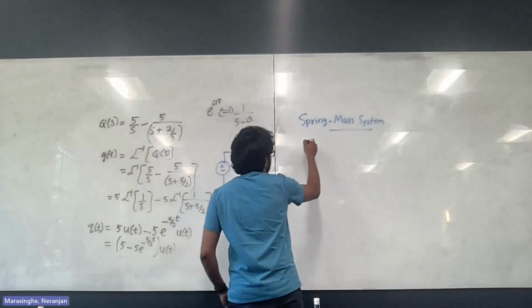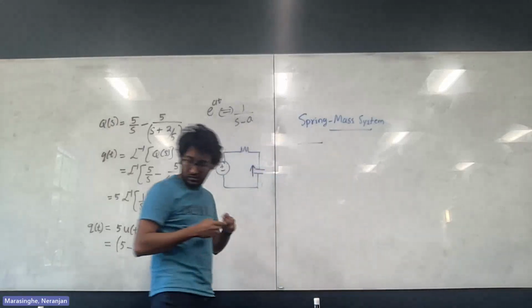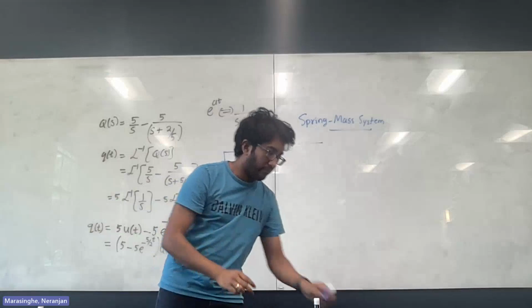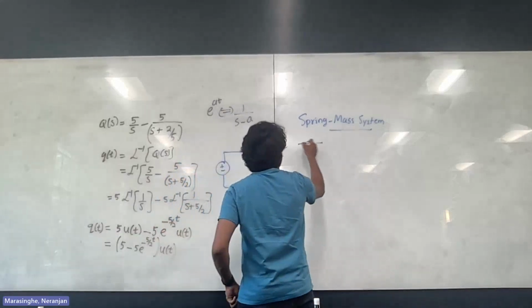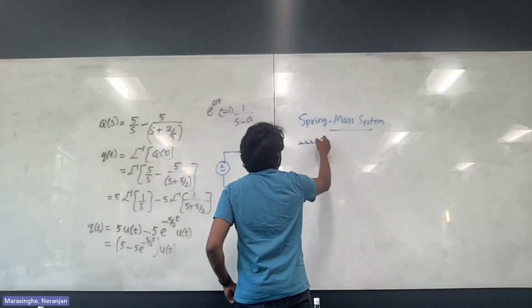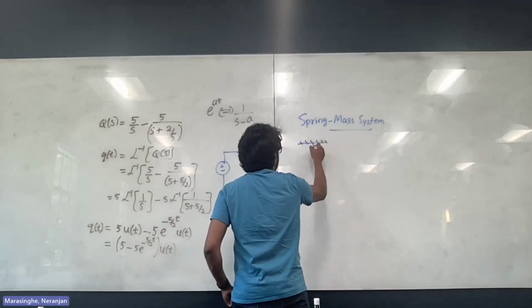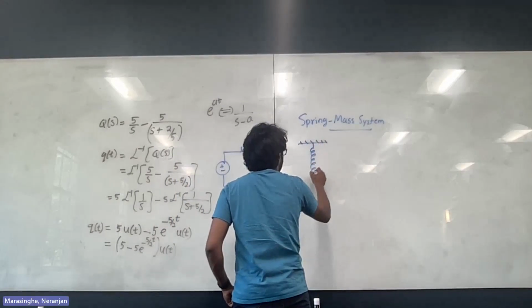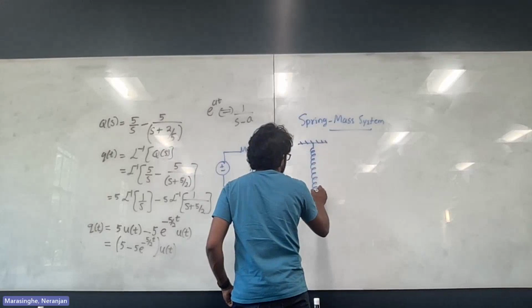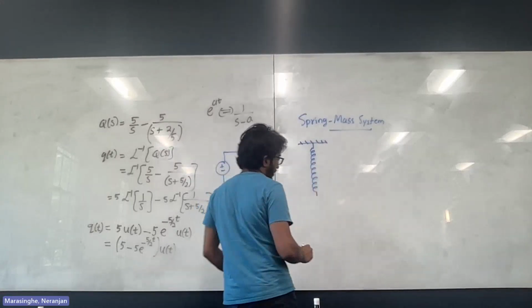Suppose you have a ceiling or something like this, and you have a spring. This is the natural length of the spring, right?